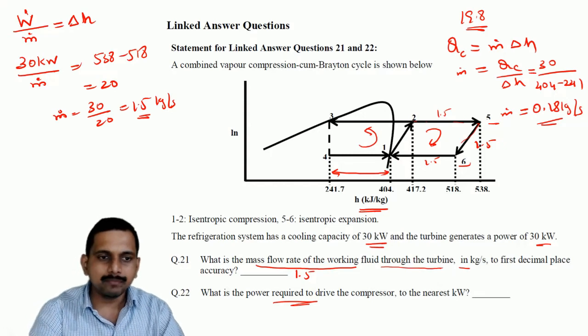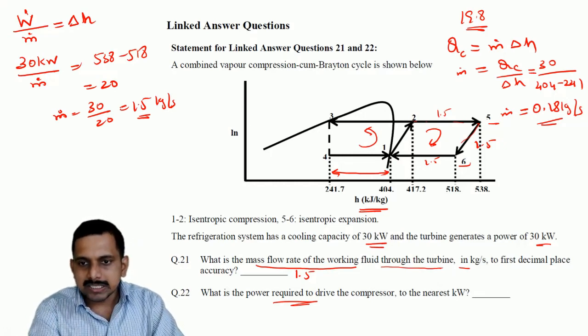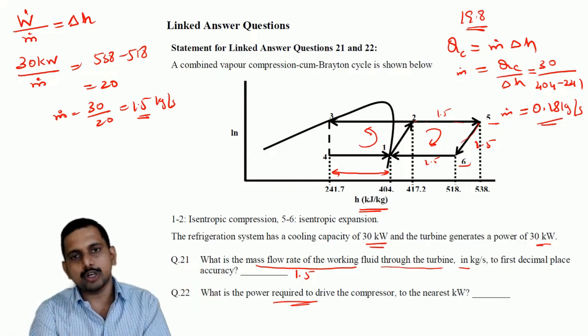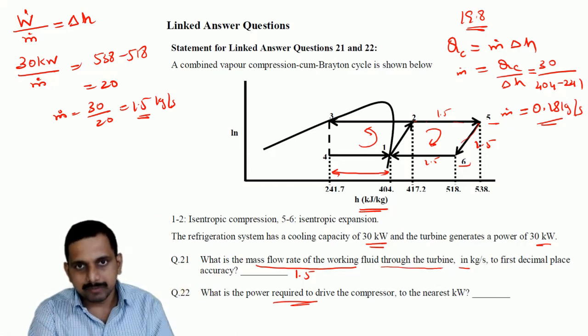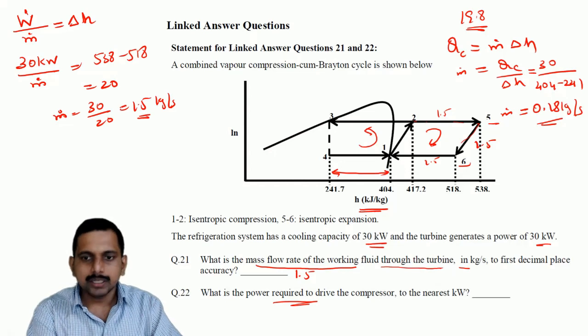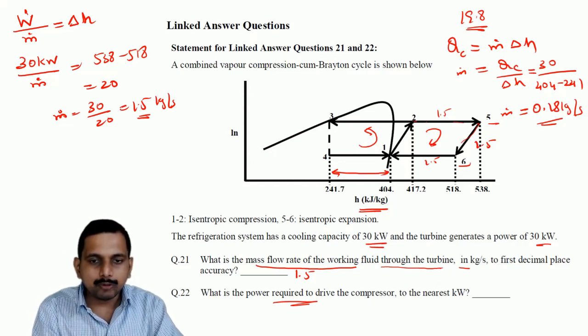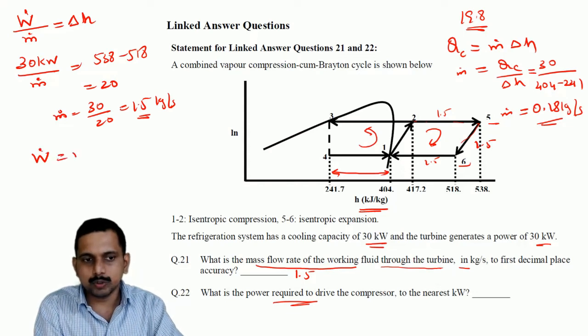And when I apply this to the compression, if you want to calculate the power required, then power required W dot is equal to the total M dot through the compressor into the enthalpy change delta H in the compressor.